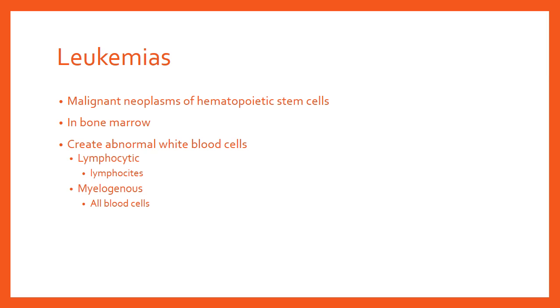Lymphocytic, of course, at the end will affect B cells, T cells, and natural killer cells. Myelogenous will affect eosinophils, neutrophils, basophils, platelets, and even erythrocytes. But these are the two main types.